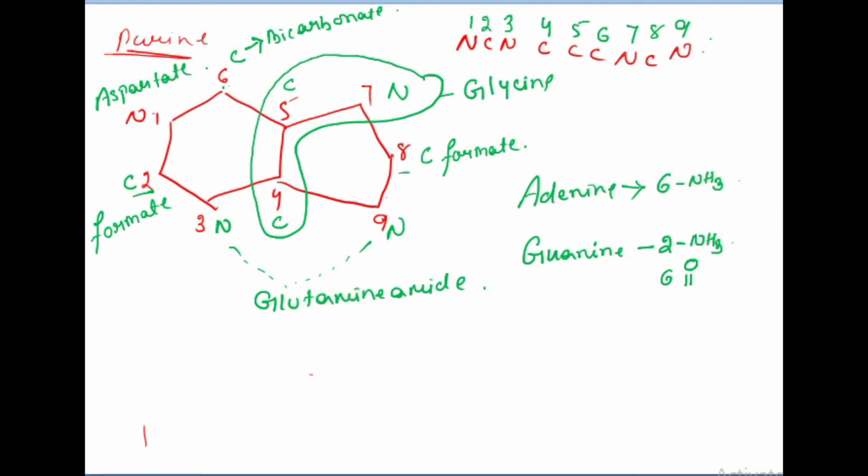Now we will discuss the pyrimidines. A pyrimidine is not a double ring structure; only one ring is present. Now we will number it.